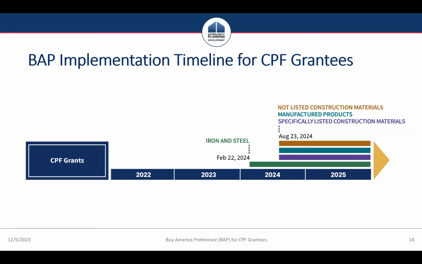So if the FY24 appropriation is made after February 22nd, 2024, the BAP would apply for FY24. Then for any appropriations made after August 23rd, 2024, the BAP would apply for construction materials and manufactured products.